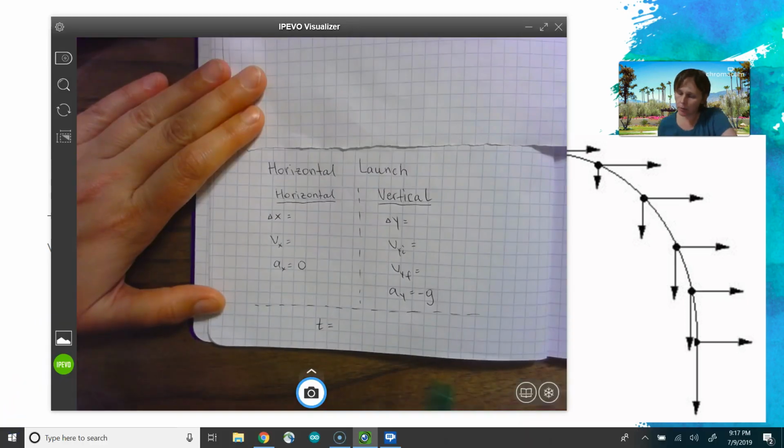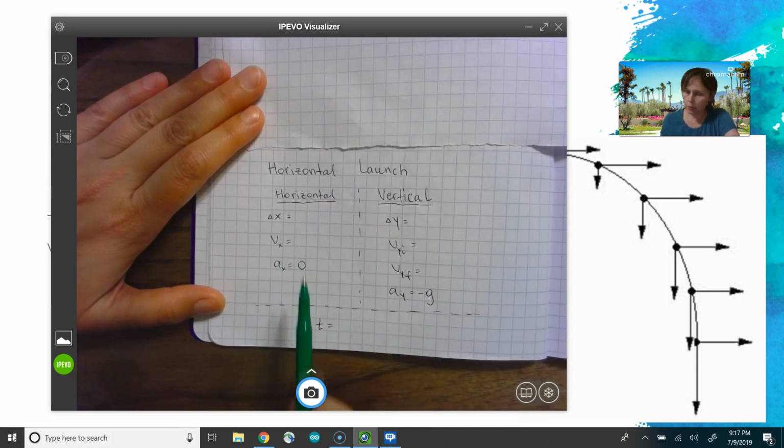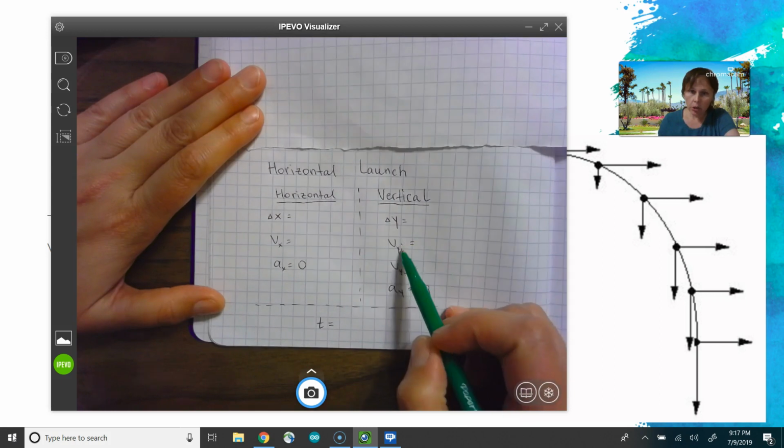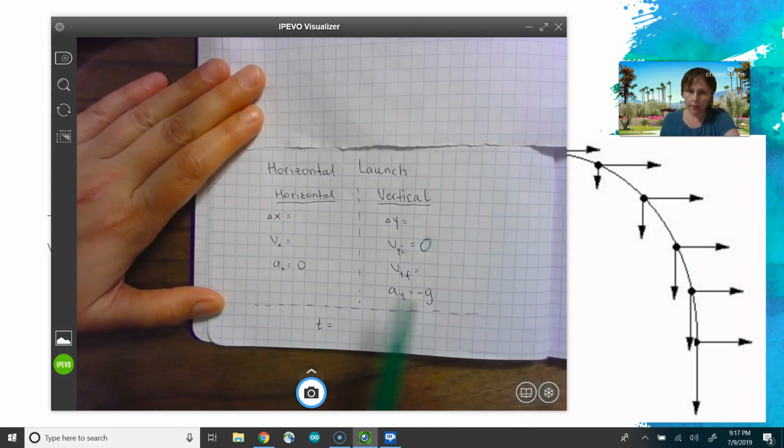For our table for horizontal launch, we're going to indicate that the initial vertical velocity is 0, and everything else, as we mentioned previously: a_x is 0 and a_y is negative g.